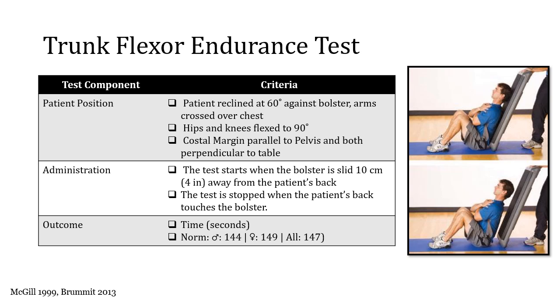They're held 4 inches away, and they should be maintaining that 4 inches or that 10 centimeters. And you can see the normative times shown there with an average of 147 seconds, just shy of 3 minutes, about 2.5 minutes for both genders.